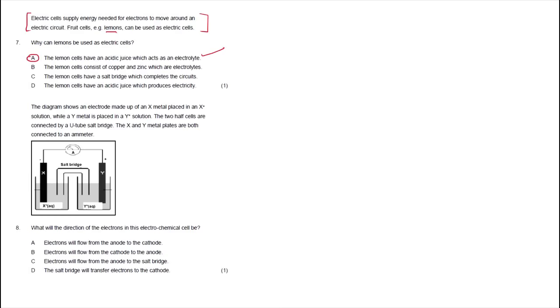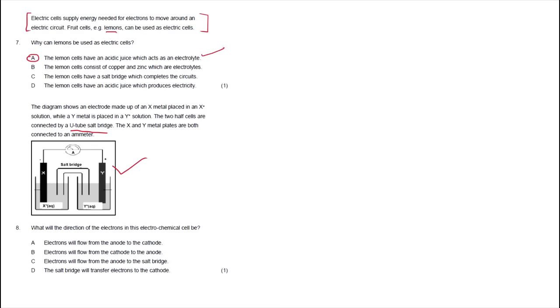The two half cells are connected by a U-tube salt bridge, and the X and Y metal plates are both connected to the emitter. So what they are saying is what is happening in the picture.